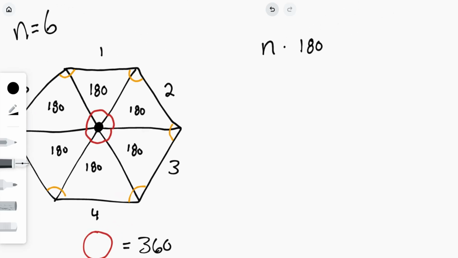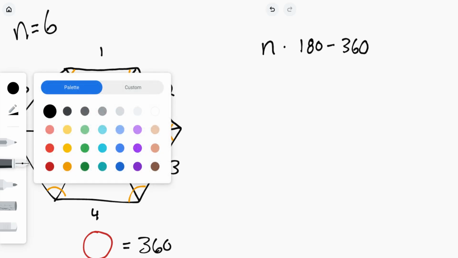So this n times 180 up here is all of my orange and red angles. But I don't want my red angles, so how do I get rid of them? I'm going to subtract 360. Okay, my formula now is n times 180 minus 360. This is going to give me all of my orange angles.